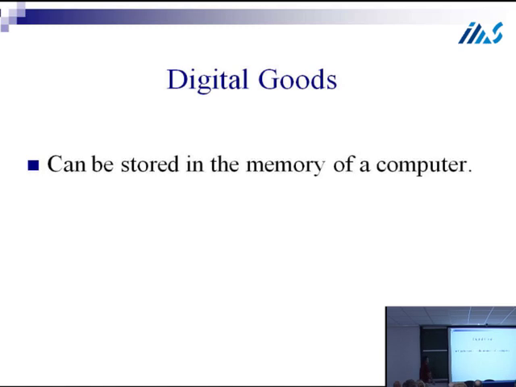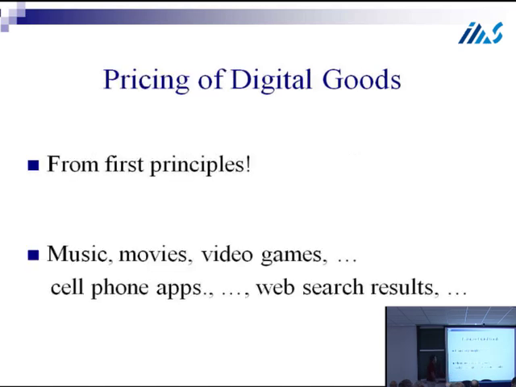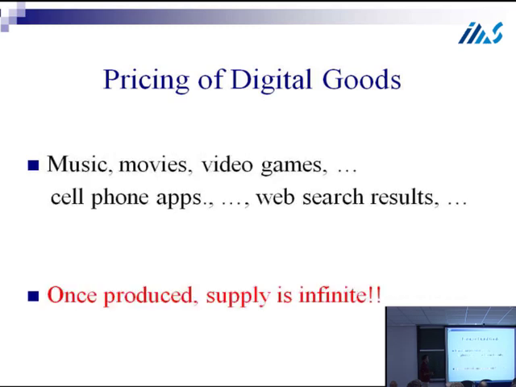Okay, so digital goods. What are digital goods? Goods that can be stored in the memory of a computer. And we want to price digital goods from first principles just the way we priced conventional goods. And by now there are lots and lots of digital goods, all the way from music, movies, video games, cell phone apps, web search results, so on and so forth.